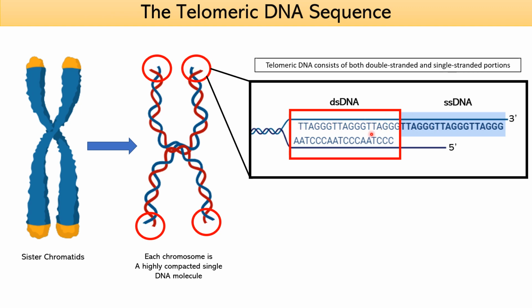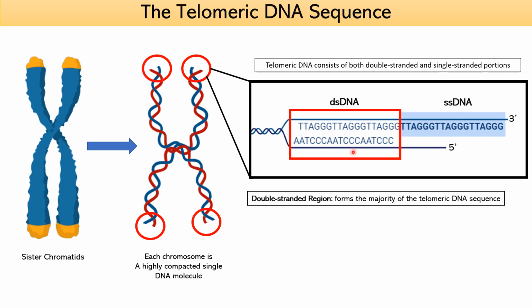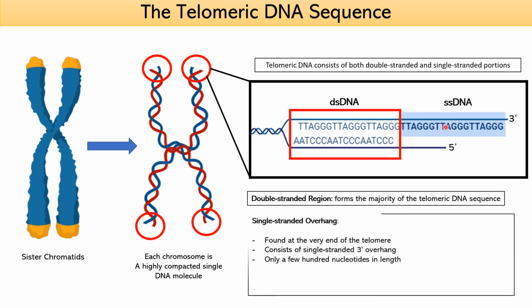It has a portion that is made of double-stranded DNA, and another portion which is made of single-stranded DNA. The double-stranded DNA region actually makes up the majority of the telomeric DNA sequence. However, the single-stranded DNA portion is found at the very end of the telomere.